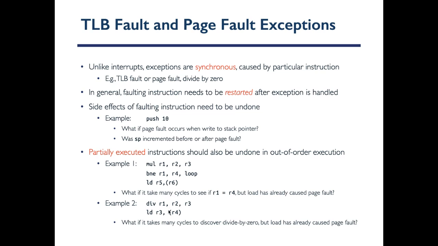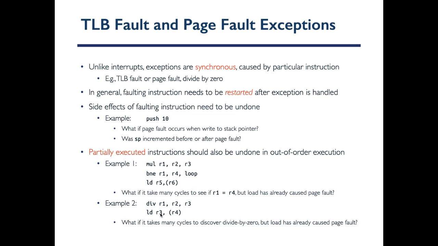Another example is this one, where you don't have a branch, but you have a division. You're dividing R2 and R3 and putting it in R1. And right after that, you have a load. So you might say, okay, there is no dependency between this division and this load.